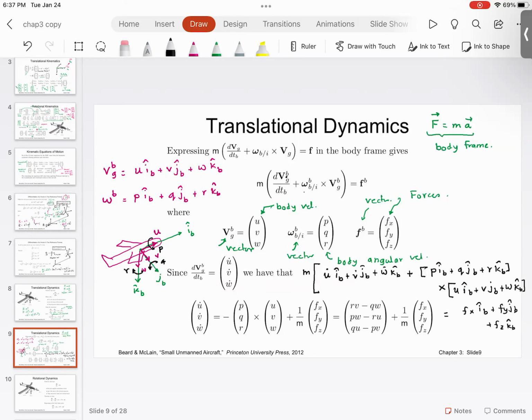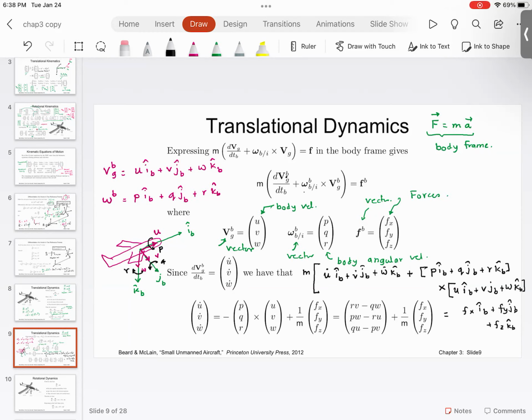So what I did is I took the derivative of magnitudes, substituted that in the first term. Then I took the angular velocities, substituted in the second term. I have a cross product and I have the terms on the right hand side. Please understand, these are vector equations. One vector equation means three scalar equations. Why?